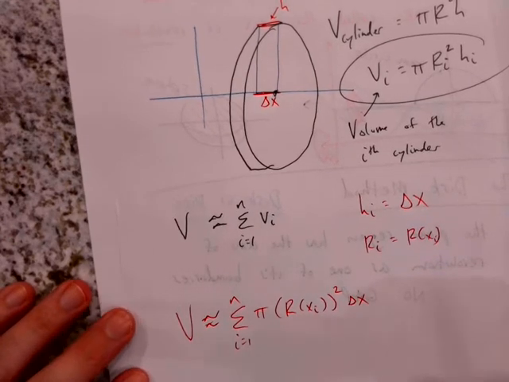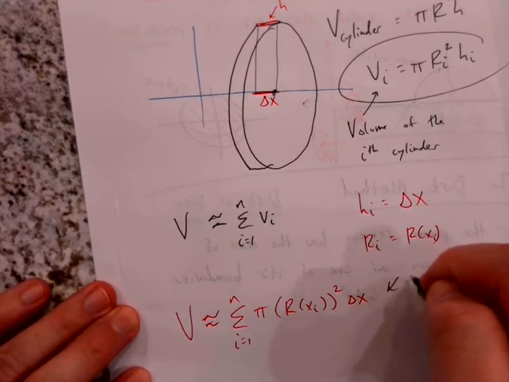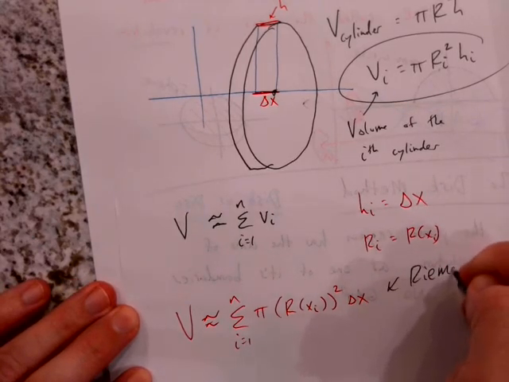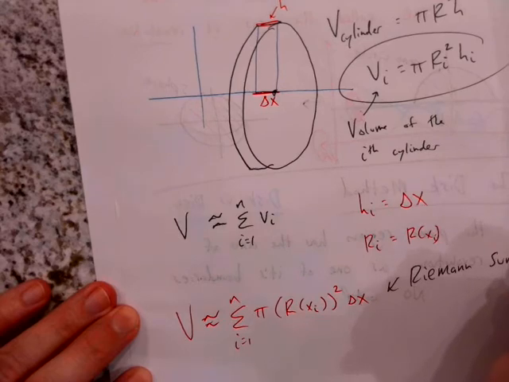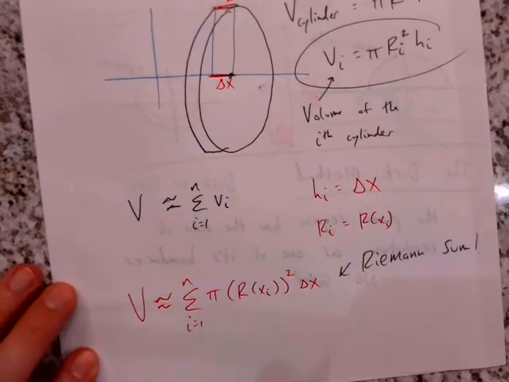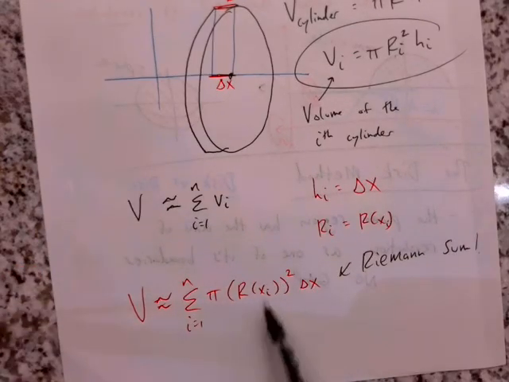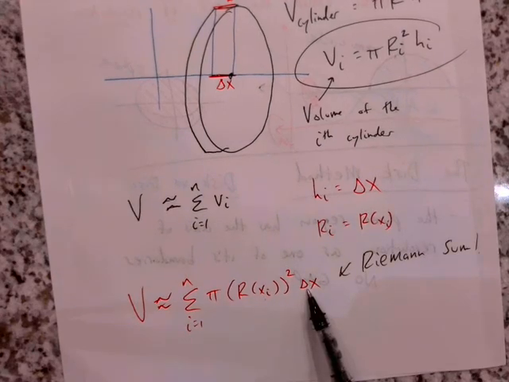This is a Riemann sum. Because this sum has a function and then the change of the variable. You need that delta x to be a Riemann sum. We got it.